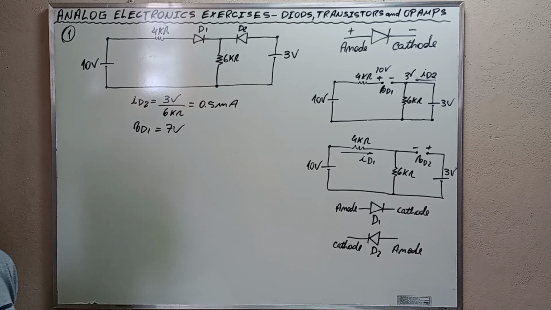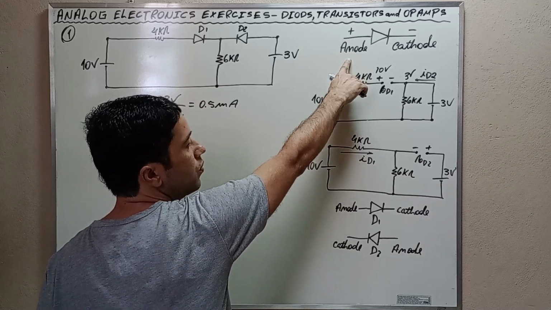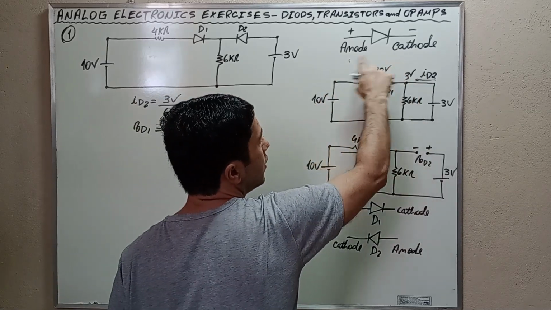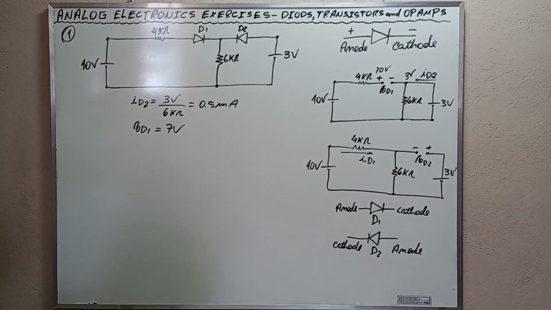But then there is an inconsistency here, because if the anode of D1 is higher in potential than its cathode, then it must be conducting, and we assumed that it was off. Observe that it is not consistent with the assumption that D1 is off.